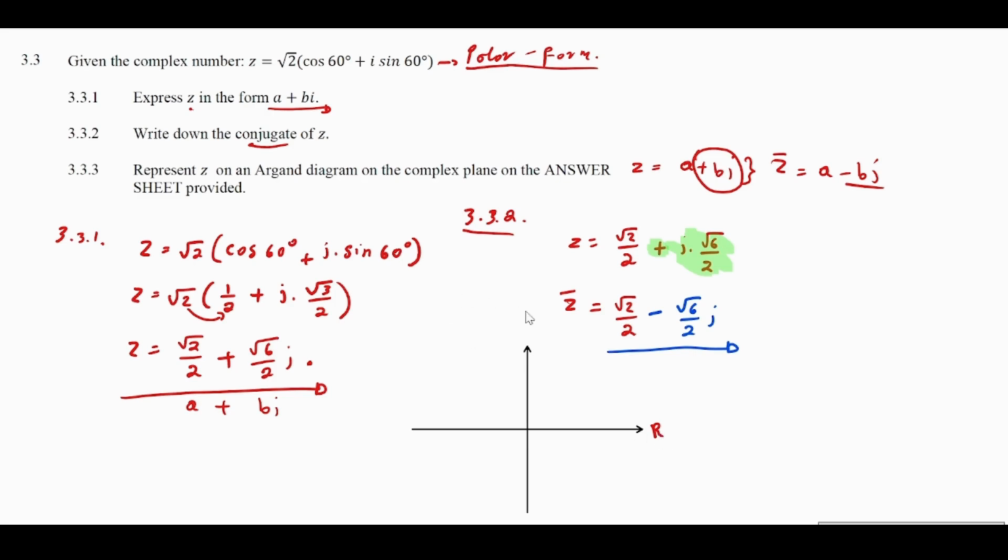The real and the imaginary axes exist. Okay, let's look at our z. We're going to represent the original on this one. Both of them are positive, guys.